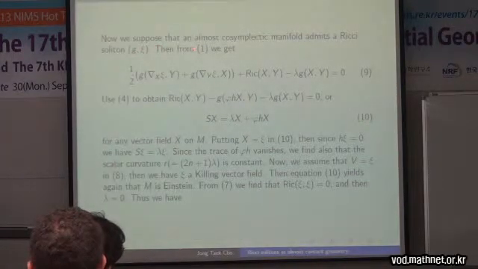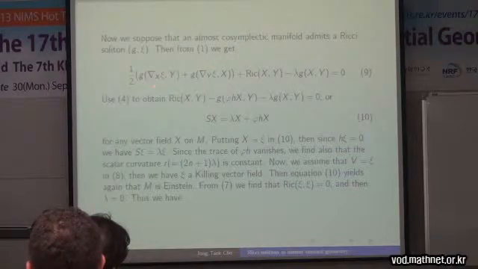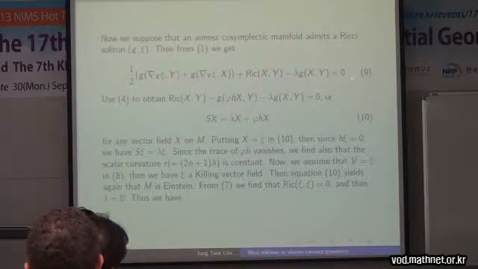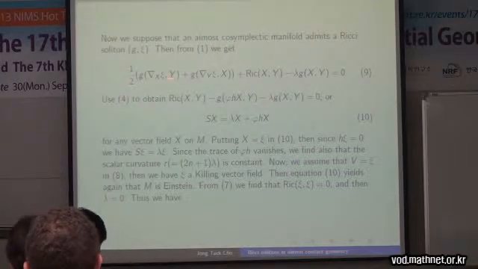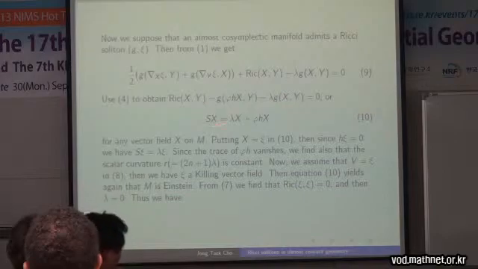Now we suppose that an almost cosymplectic manifold admits the Ricci soliton (g, ψ) for the potential vector field ψ. Then from 1 we get easily this formula, and use 4 concerning this part, now ∇_X ψ, to obtain this, putting X equals ψ.